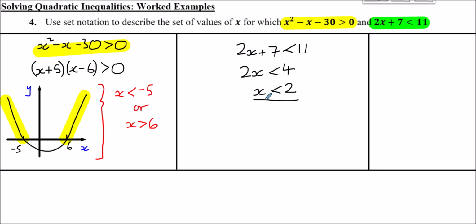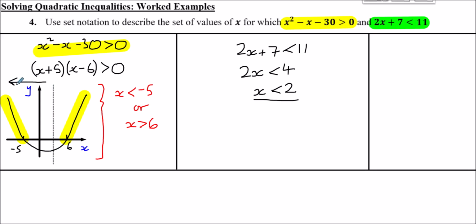Okay, so we can just use what we've got here so far, but I'm going to show you how a number line has its uses too. We want x to be less than 2. If we imagine a line where x is equal to 2, we need x being less than 2. So we're looking on our graph sketch for x being down here.